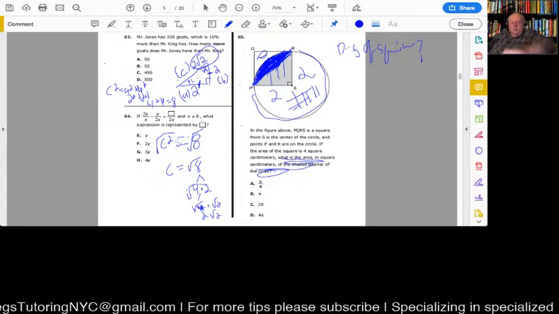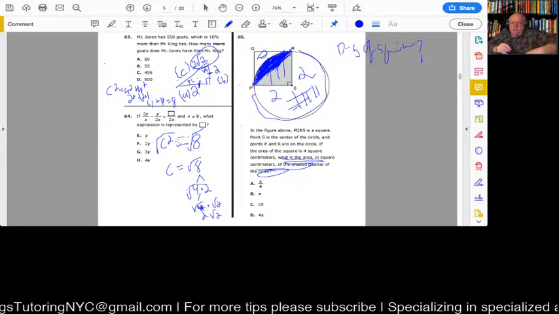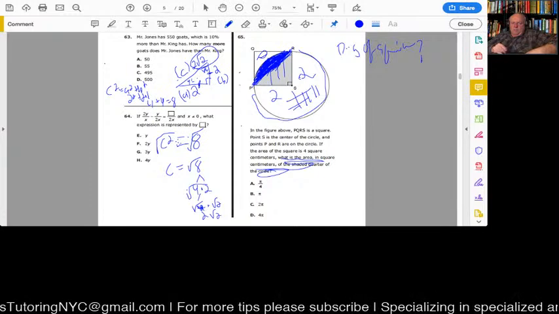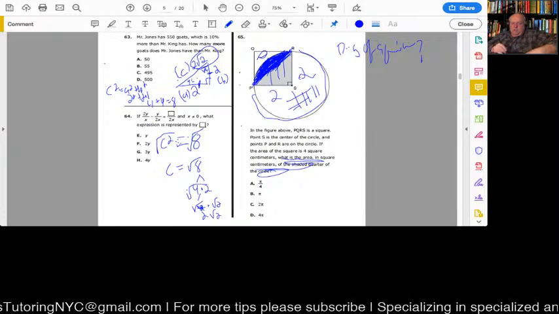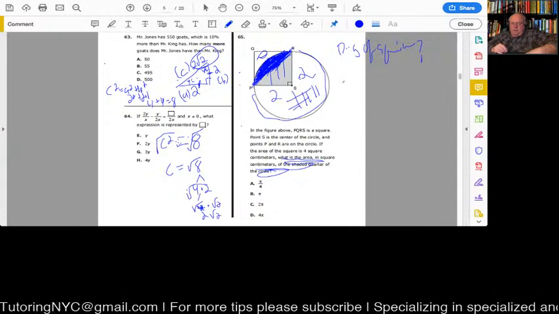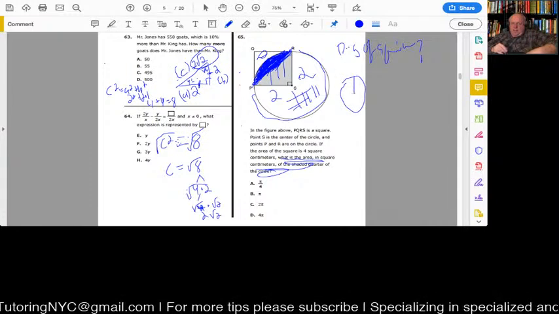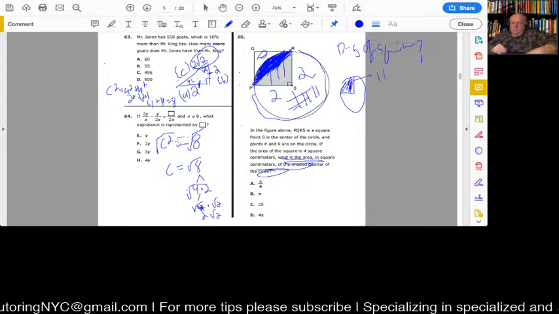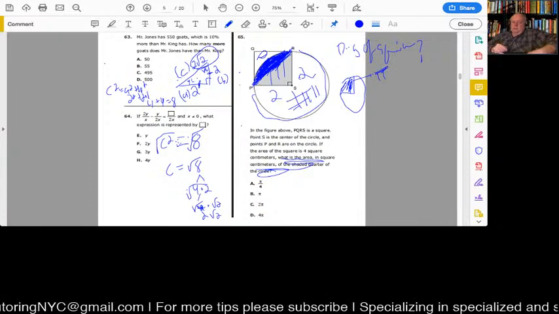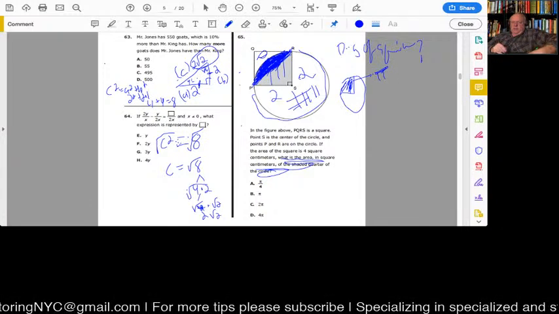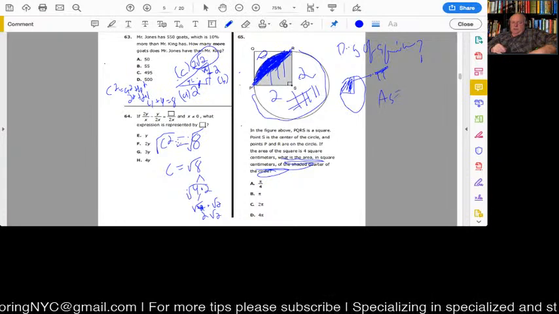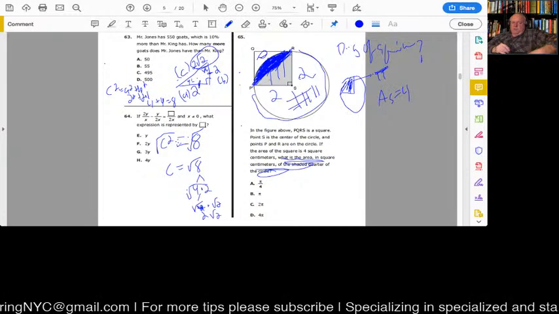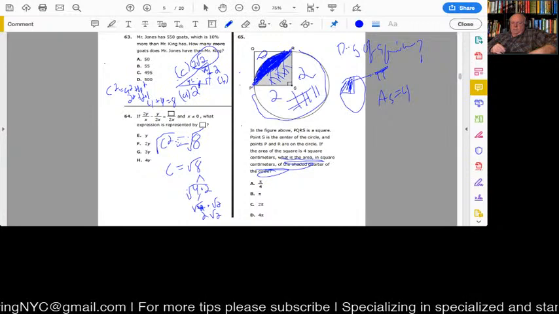All right. So, does anybody have an idea of how to get the blue area here? Well, here's the deal. We already had this here, and we figured out that this was pi. We already know the area of the square is equal to 4. So that means half the area of the square, which is this gray part here, is equal to 2.